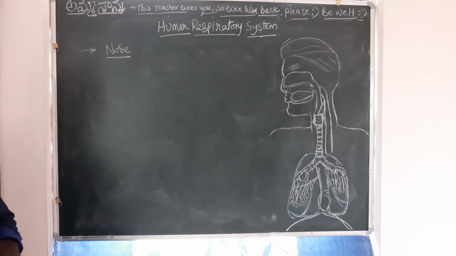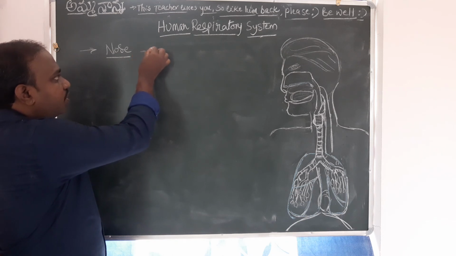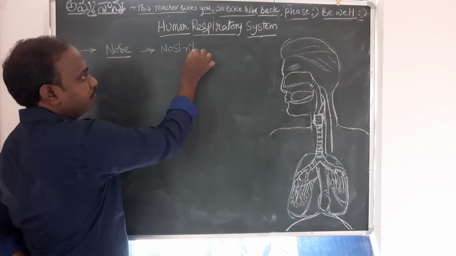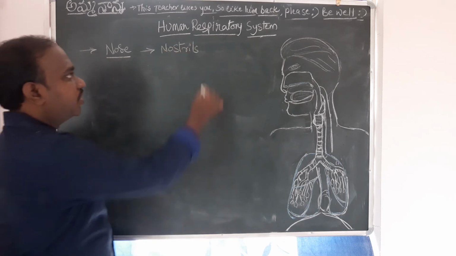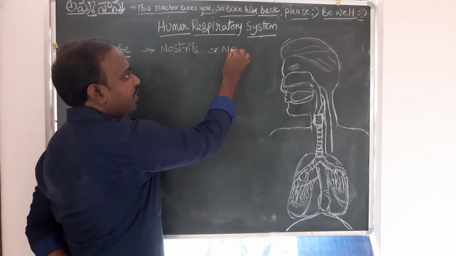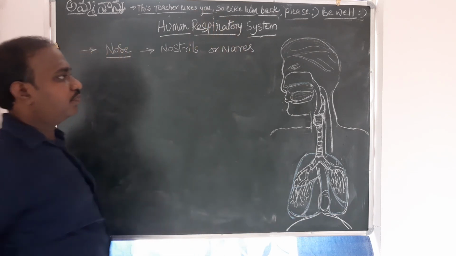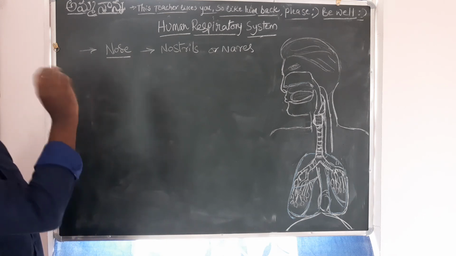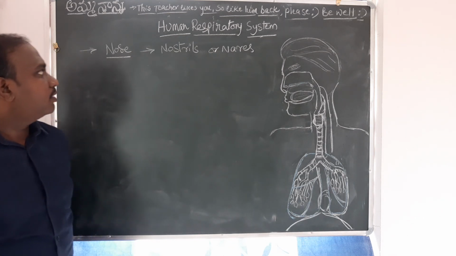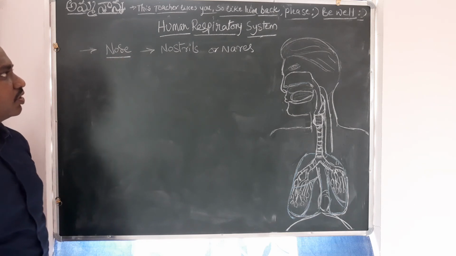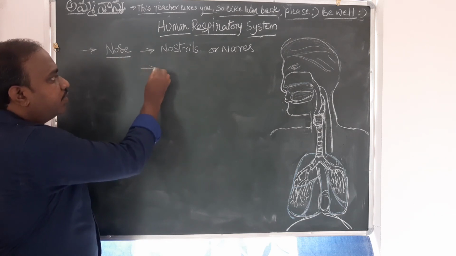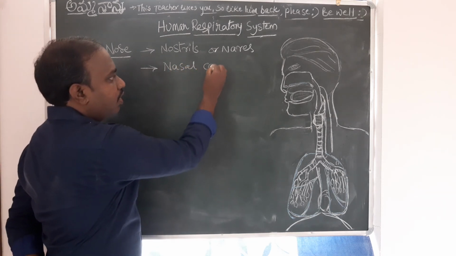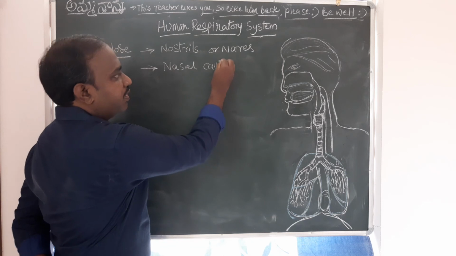What does it contain? This nose contains nostrils, or simply you can call them the nares, right? These nostrils lead into a cavity-like structure called the nasal cavity.